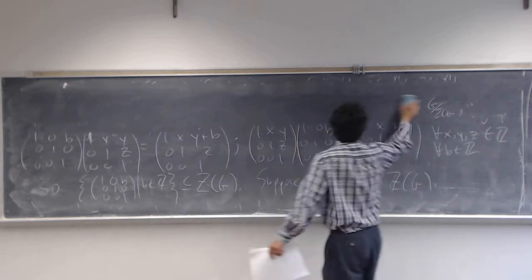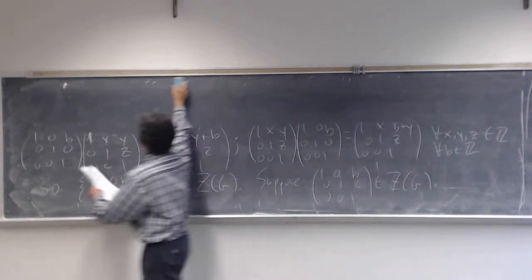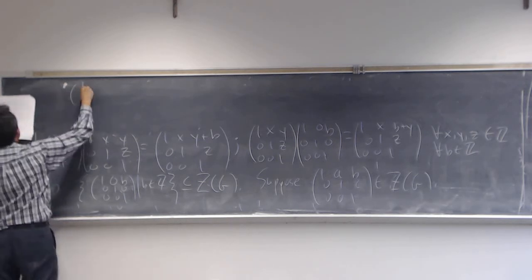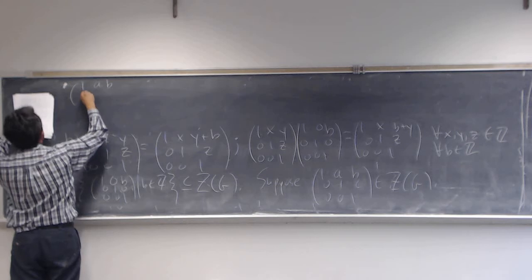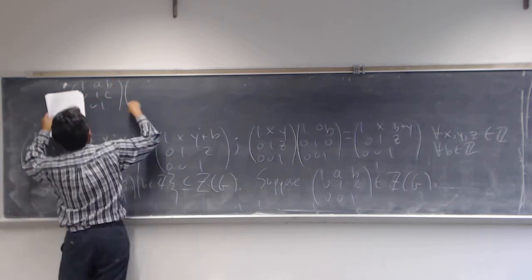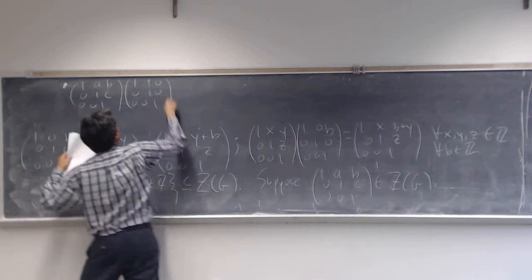Right, again, if this matrix is in the center, it's got to commute with everything in G. So let me look at a couple of examples in particular. Look at this calculation.